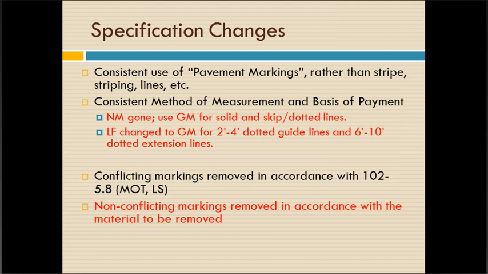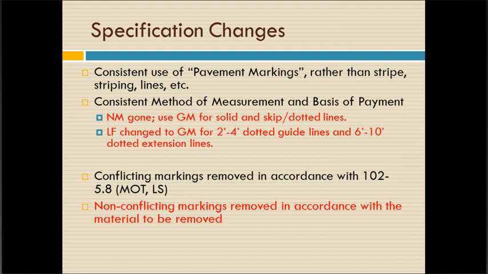So if you had existing pavement marking, existing thermoplastic, and you were not doing any other MOT changes, therefore it was not due to a conflict, that we were not going to be milling it off, but we did need to remove a little bit of thermoplastic so that we could put the new thermoplastic down or new pavement marking material down, then we would pay for that removal under the removal of existing thermoplastic or whatever material is being removed. If you're removing some other material, we do have those removal items there.